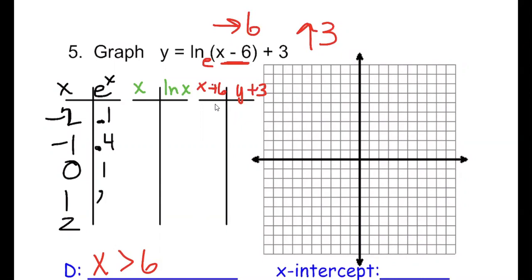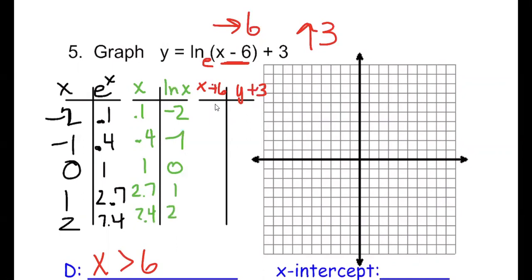E to the 1st is 2.7. And e squared will be 7.4. And so we're going to use these decimal values now and just switch them. For the inverse, I have 0.1, -2; 0.4, -1; 1, 0; 2.7, 1; and 7.4, 2. And then all we have to do now is add things to them.